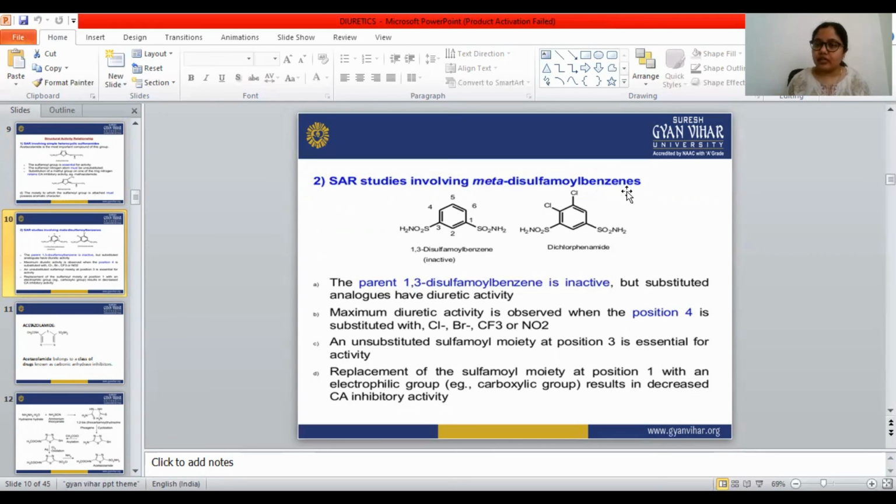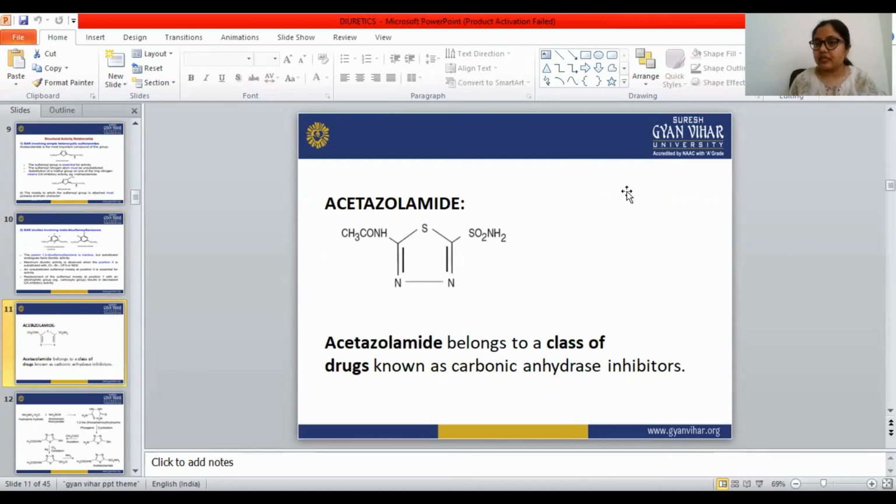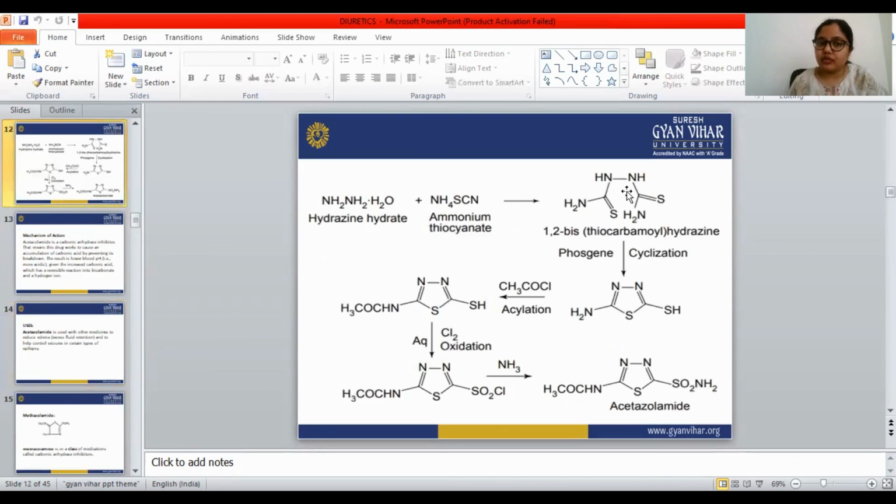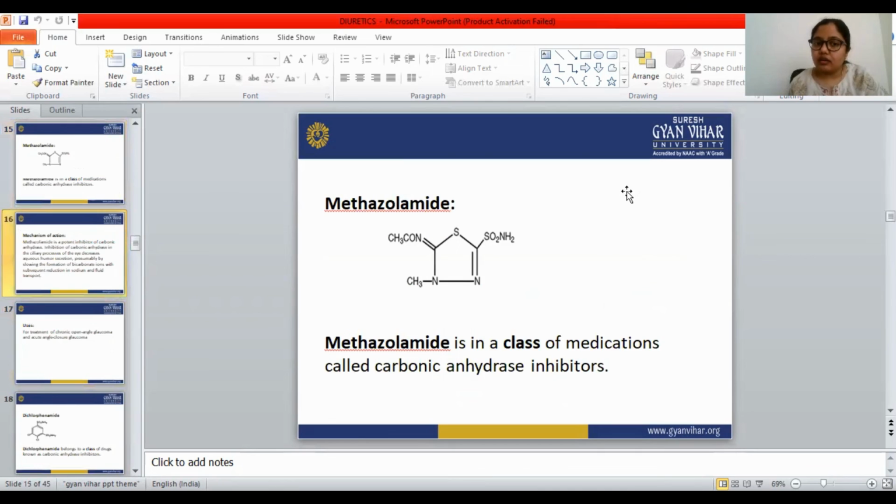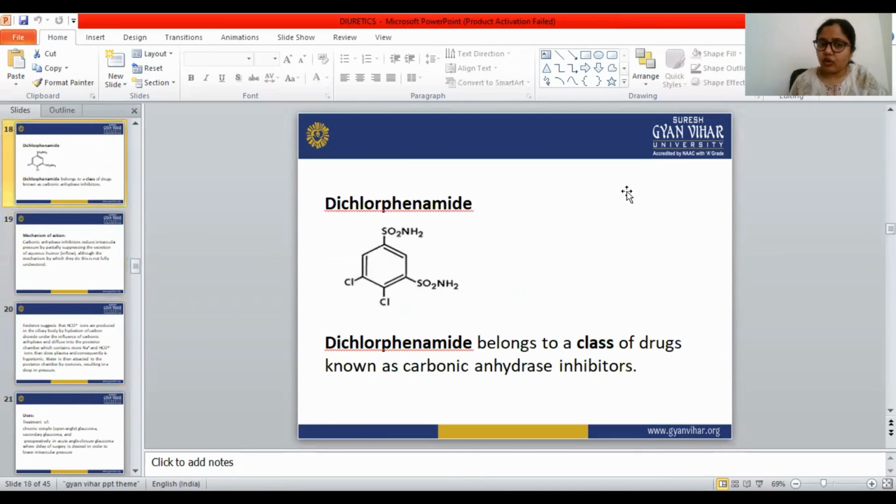We will see the loop diuretics in our next class. We will discuss more about the loop diuretics. In today's class we have only seen the carbonic anhydrase inhibitors, and the examples are acetazolamide, methazolamide, as well as dichlorphenamide. These are all carbonic anhydrase drugs, and we have seen the synthesis of acetazolamide.